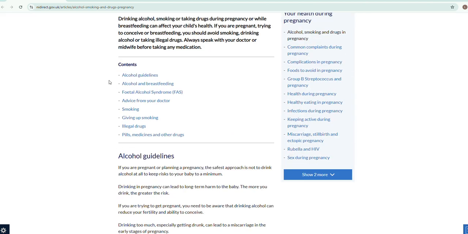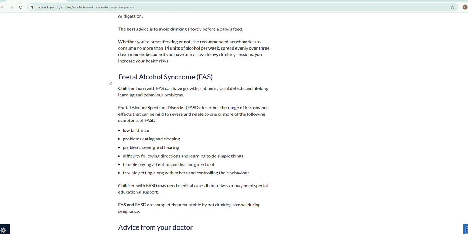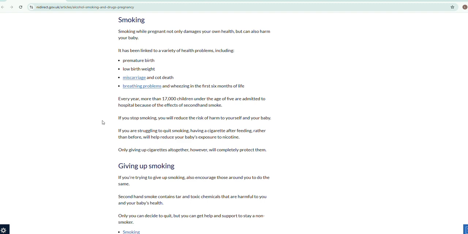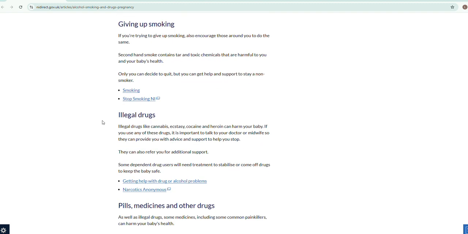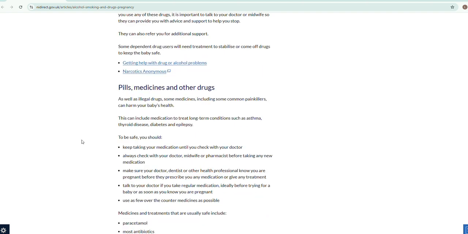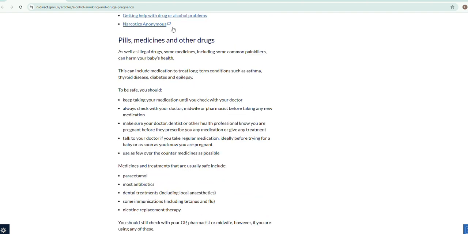Not one glass of wine, not one beer, not one drink. Okay, you can have fetal alcohol syndrome. You can have premature birth, low birth weight from smoking and drinking, illegal drugs, of course. Your babies go through withdrawals. It's horrible, horrible. Okay.